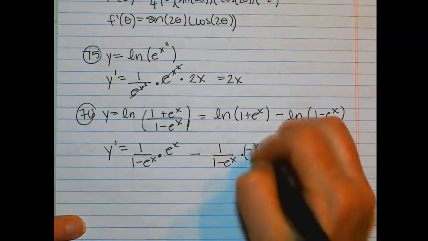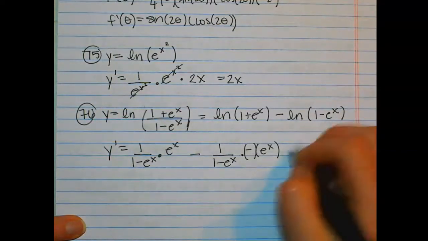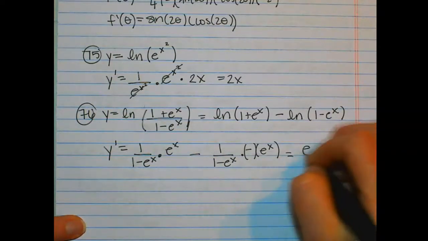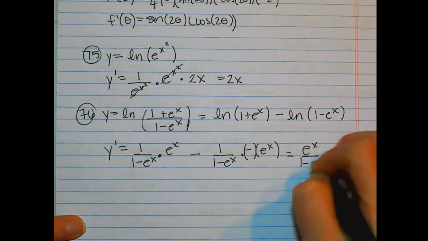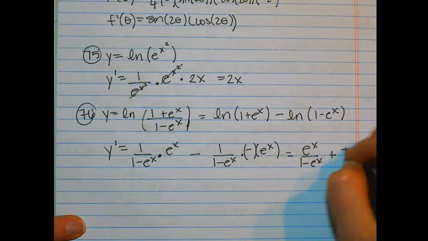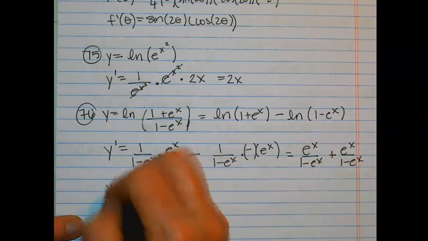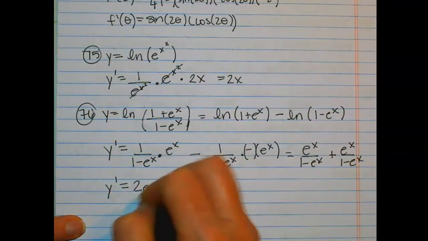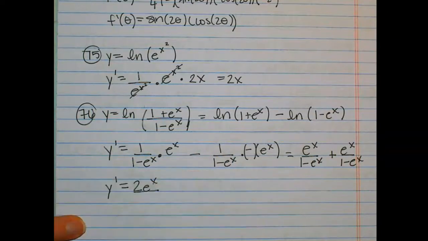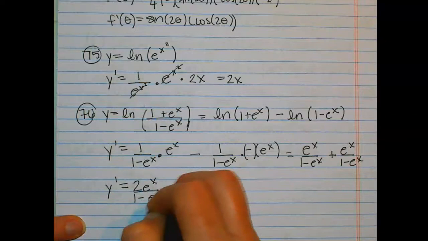So it's not minus there, it's times. And so let's see how that simplifies. I've got e to the x over 1 minus e to the x plus e to the x over 1 minus e to the x, which is going to be y prime equals 2 e to the x over 1 minus e to the x.